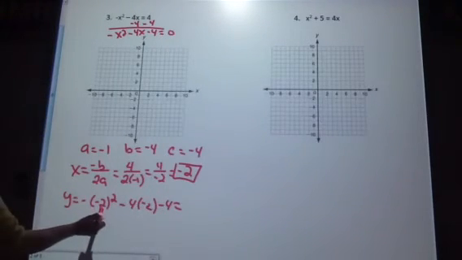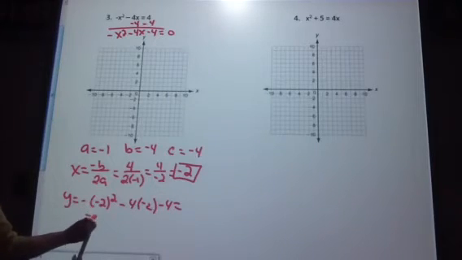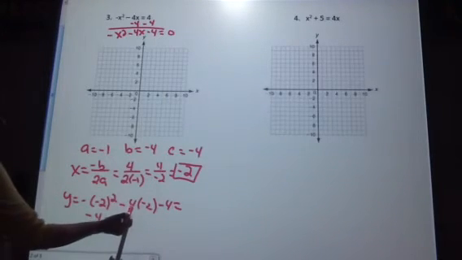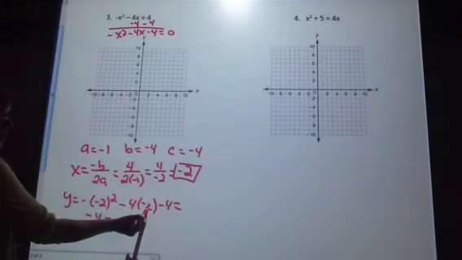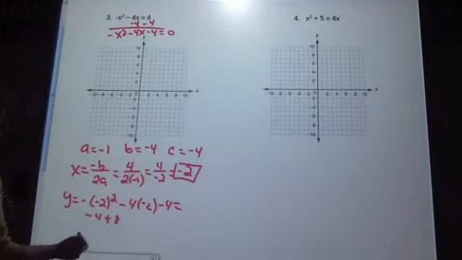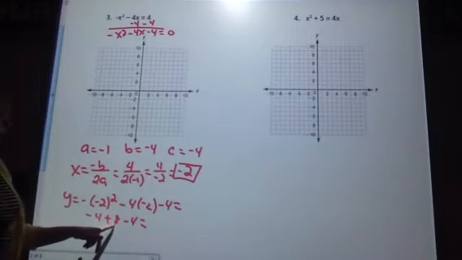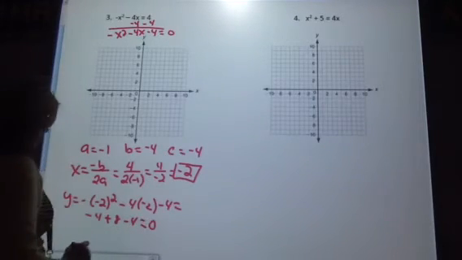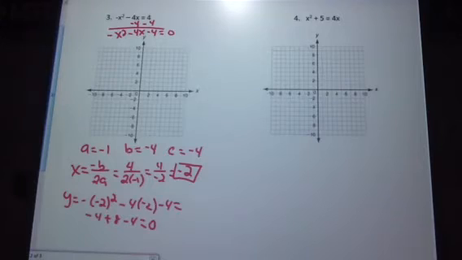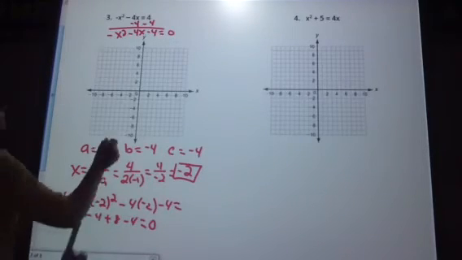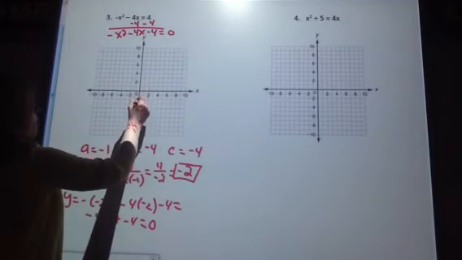So we have negative 2 squared, which is 4. Opposite is negative 4 minus 4 times a negative 2 is a negative 8. So let's add 8 minus 4. So let's see, what is this? Negative 4 plus 8 is positive 4. 4 minus 4 is 0. So our vertex is at 0, negative 2.